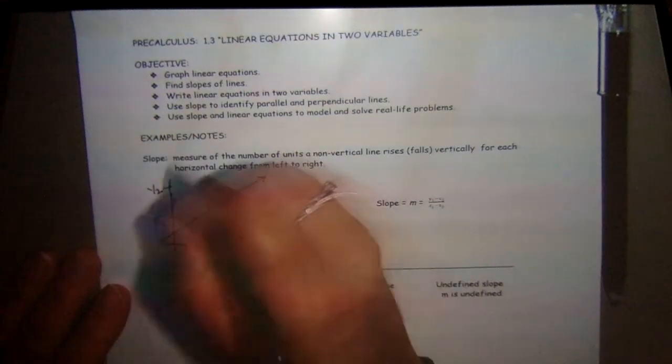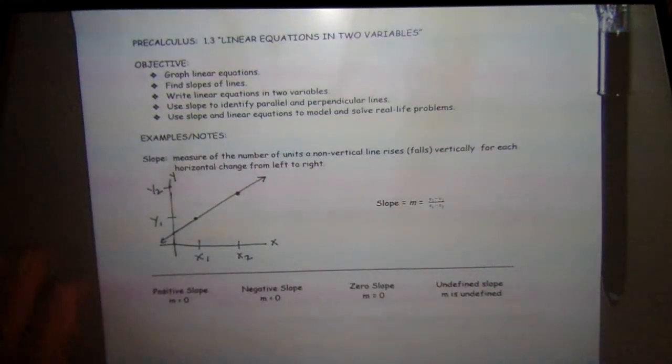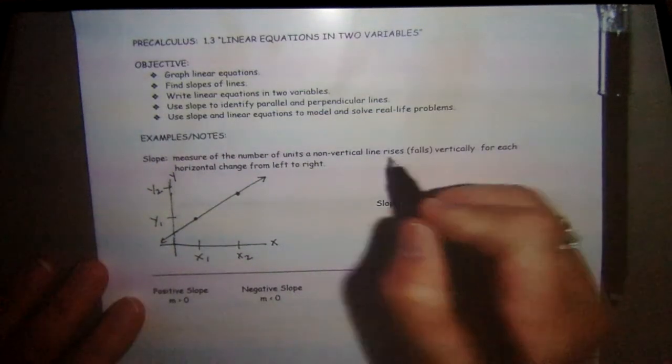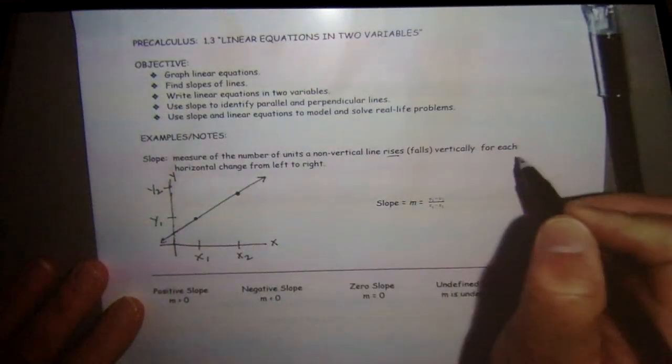This is your x-axis, this is your y. And if you remember, slope is rise over run.